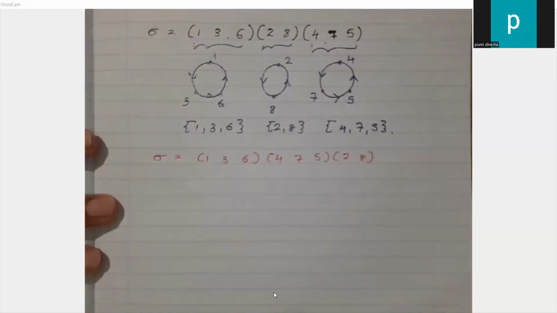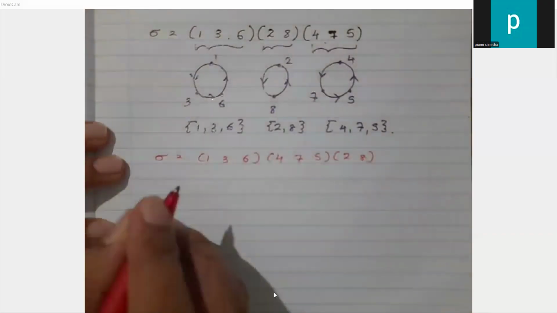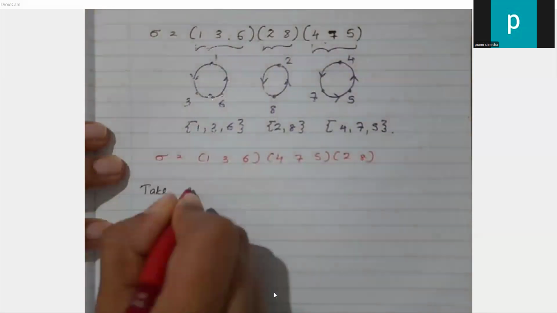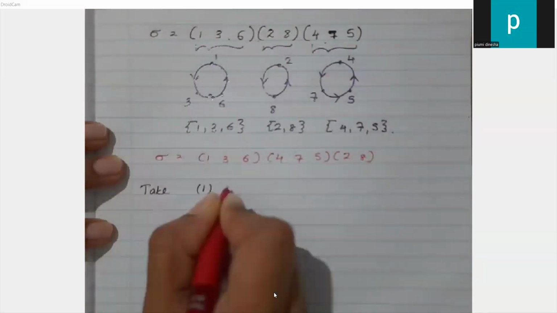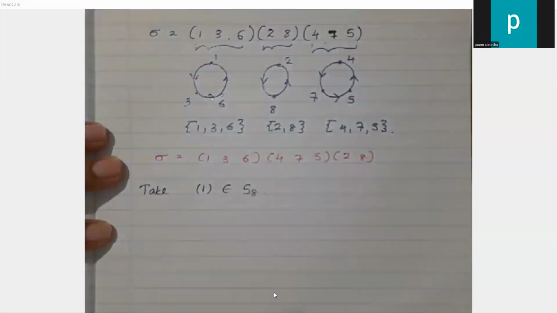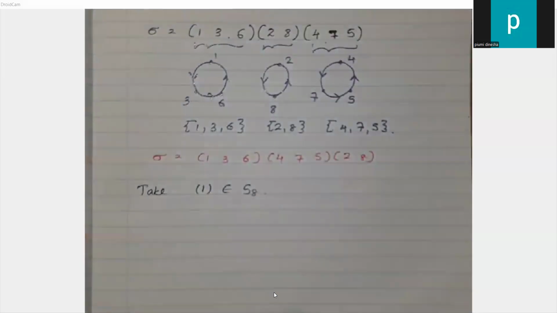Let's take the identity permutation of S8, right? Then what would be the orbits of this identity permutation?